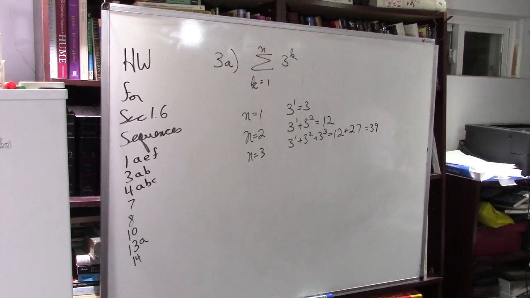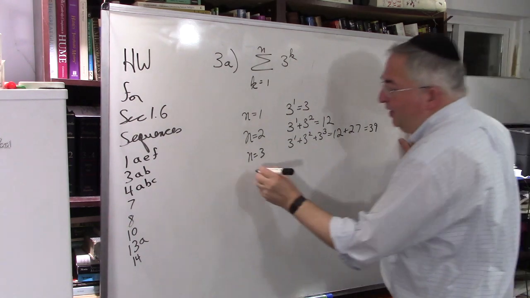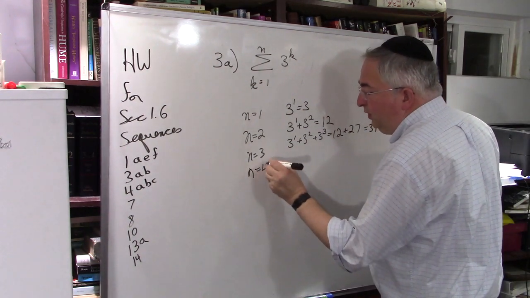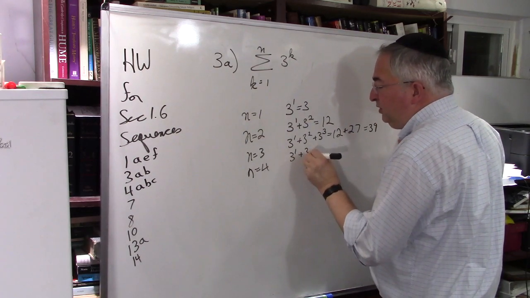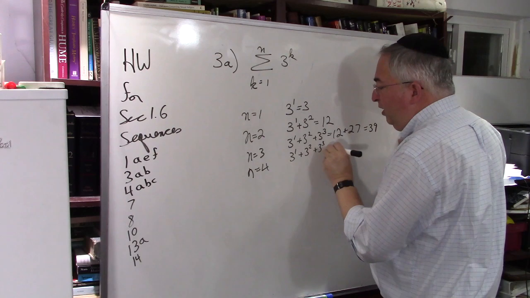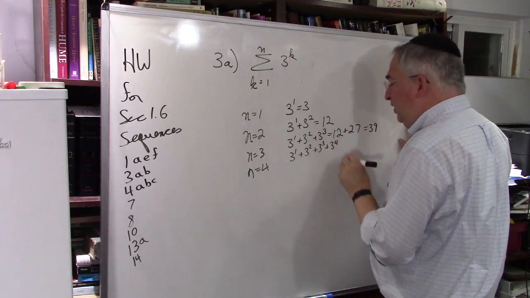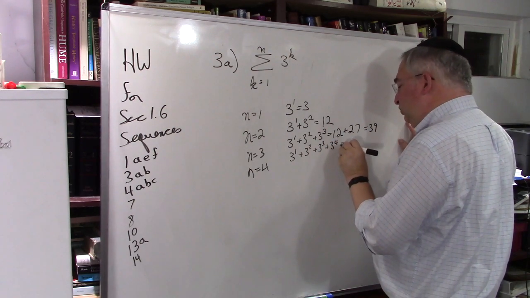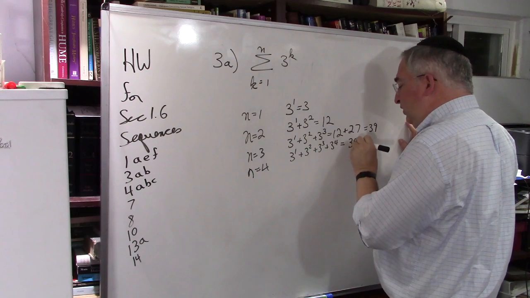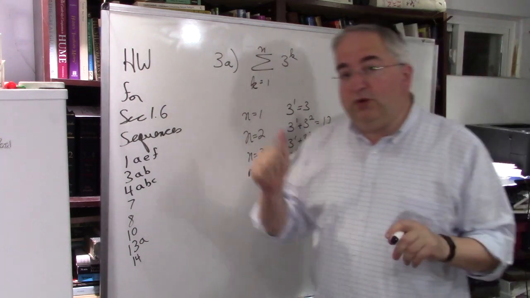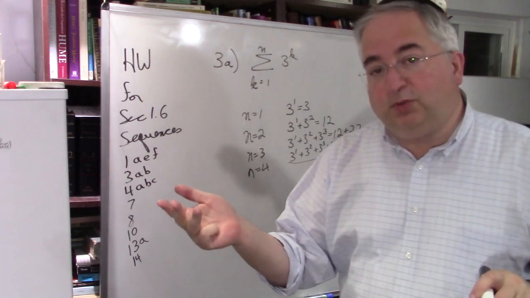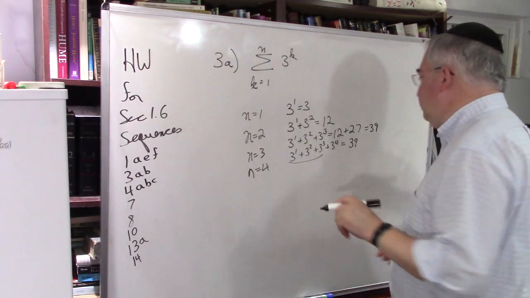Okay, last one. For n is equal to 4, this is equal to 3 to the 1 plus 3 to the 2 plus 3 to the 3 plus 3 to the 4, which is equal to 39, that's this, plus 3 to the 4. 3 to the 4 is 3 times 3 is 9, 3 times 3 is 9, so it's 9 times 9 is 81.